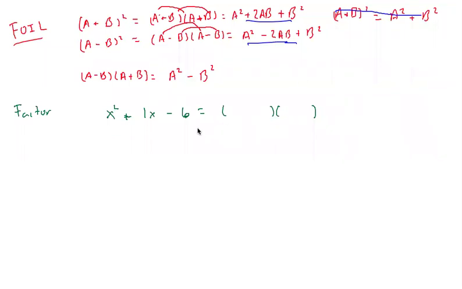Now, this problem right here, I have a different situation. If I have a negative 6 on the end, then one must have been a positive number and the other a negative number. Well, what two factors of negative 6 add up to be positive 1? Well, I could have positive 2 times negative 3. Positive 2 plus negative 3 would be negative 1, but positive 2 times negative 3 would certainly fill the negative 6 requirement, wouldn't it?